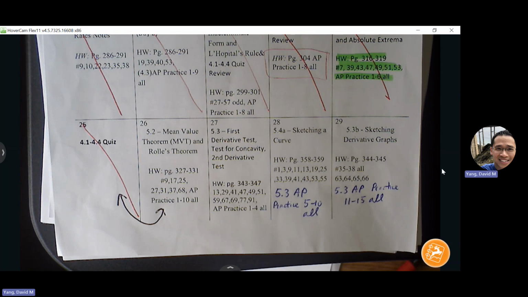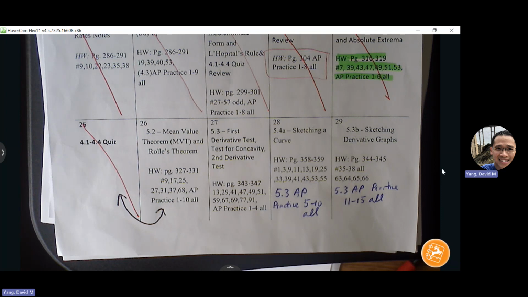And then the test for concavity will help us decide which regions the graph is going to have concave up, concave down, point of inflection. And then with all that data, we can get a pretty good sketch of the graph. Properties from the function, properties about the slope, and then information about the concavity. So we're really just putting it all together.